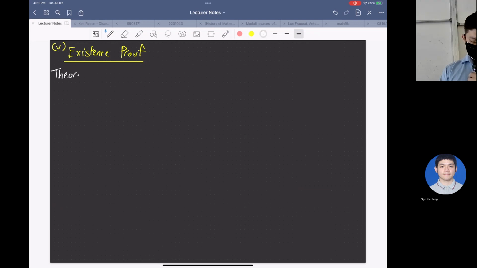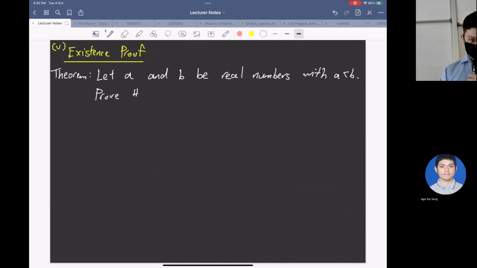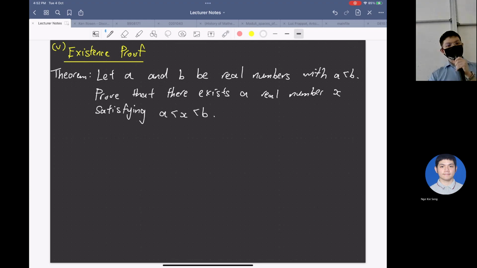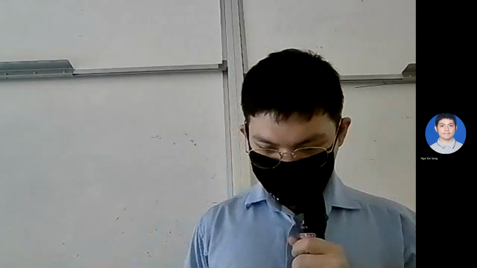So let A and B be real numbers with A less than B. We want to prove that there exists a real number X satisfying A less than X less than B. So we want to find an X which is greater than A and less than B.